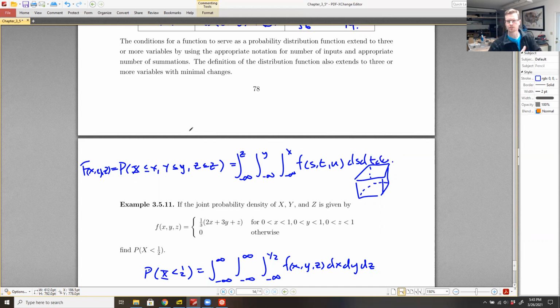Okay, so it extends the same way that it did from 1 variable to 2 variables, here to 3 and 4 or more. Okay, so it's all the same idea.